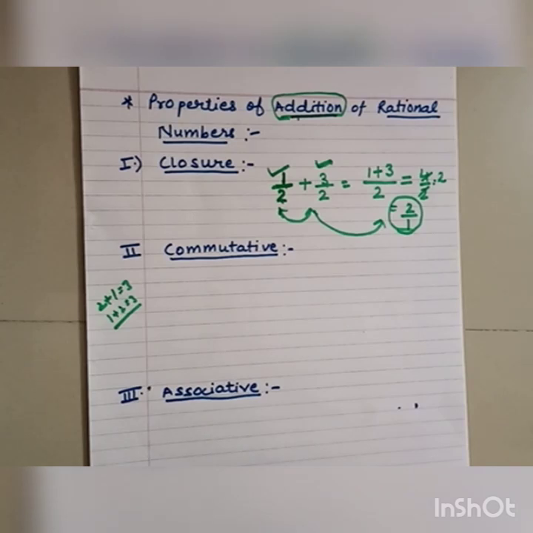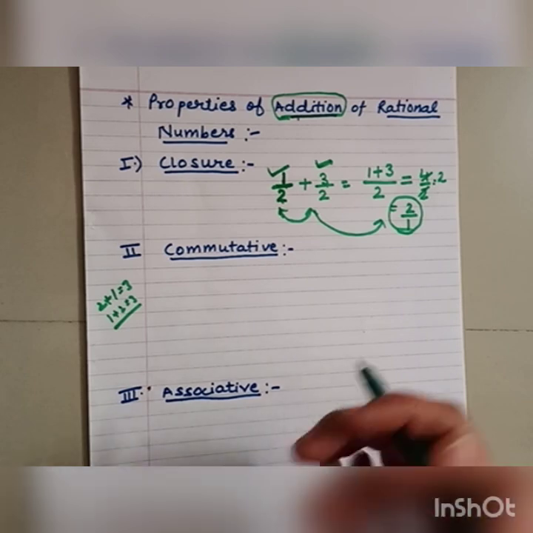The commutative property tells us that when you add any two numbers and then add the same numbers by changing their places, you also get the same answer.